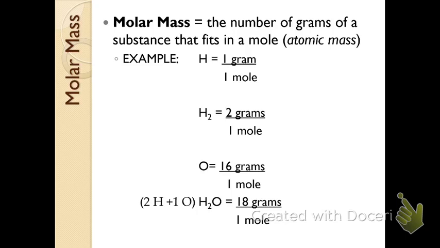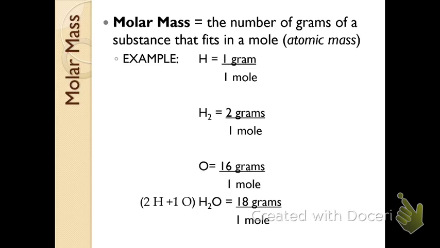If I look at the atom of oxygen on the periodic table, find oxygen, look at the atomic mass, it should round to 16 grams. That means that 1 oxygen atom is 16 grams per mole. And if I look at water, which we just looked at, remember I told you to take 6.02 E23, or a mole of water, and put it on a scale, it's going to mass out to 18 grams.